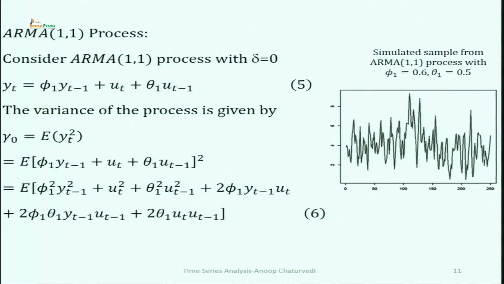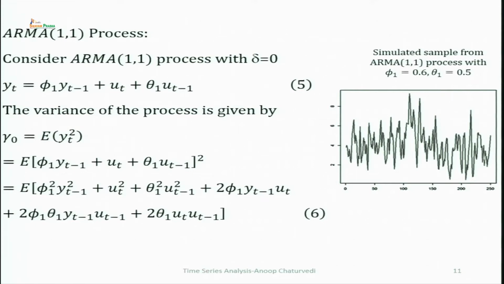Now, we consider the ARMA(1,1) process. So, p is equal to 1, q equal to 1, and we take delta equal to 0. So, your process is y t equal to phi 1 y t minus 1 plus u t plus theta 1 u t minus 1.